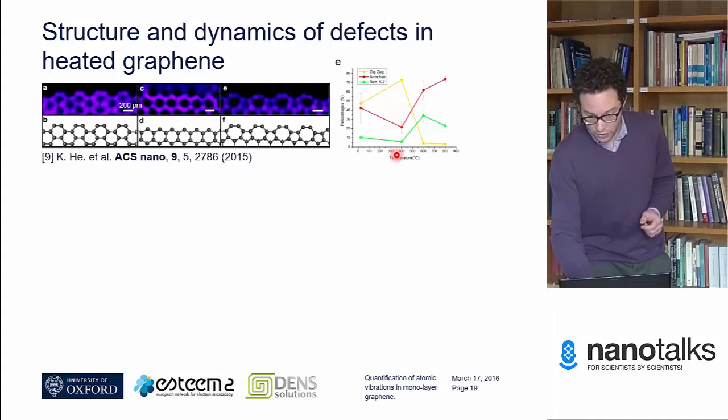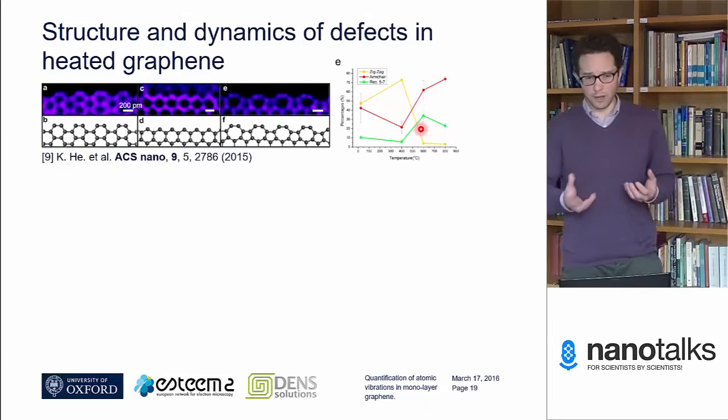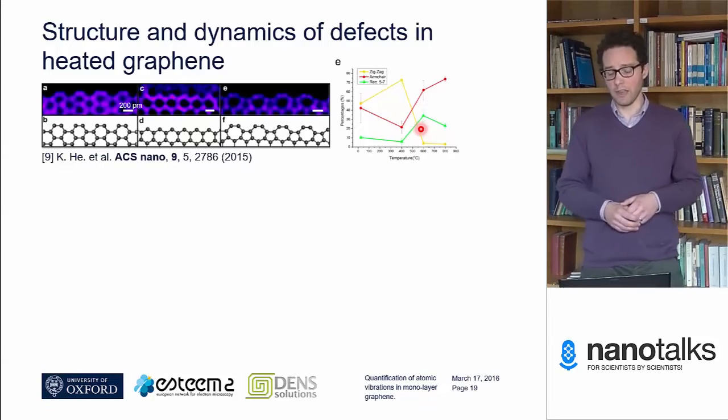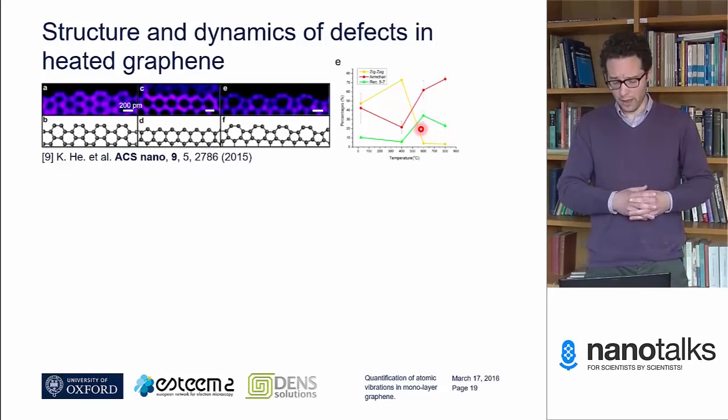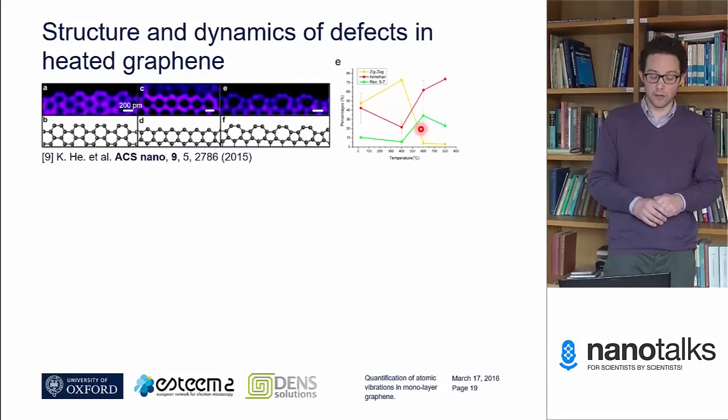As the temperature is increased, as you see from this graph here, we see almost entirely armchair with very, very few zigzag edges, and we also see an increase in this reconstructed 5-7 edge. This can be understood in terms of the energetics of the edges, and we've done some DFT calculations with colleagues in Seoul, which broadly agree with what we would expect.